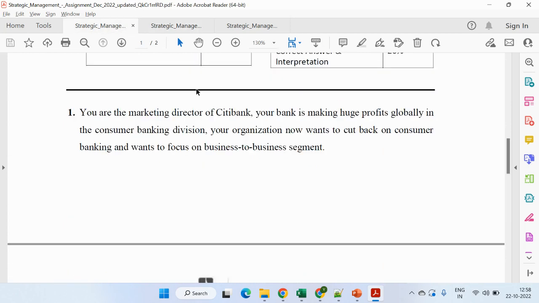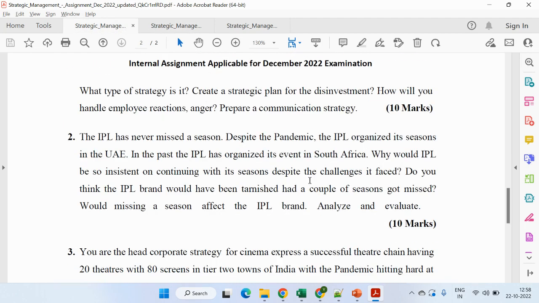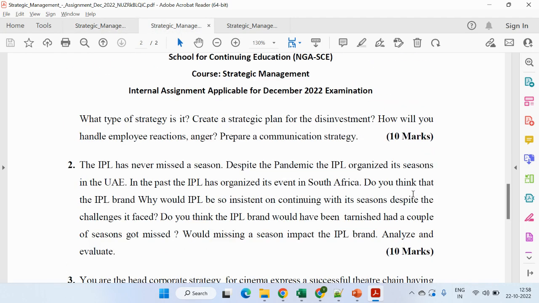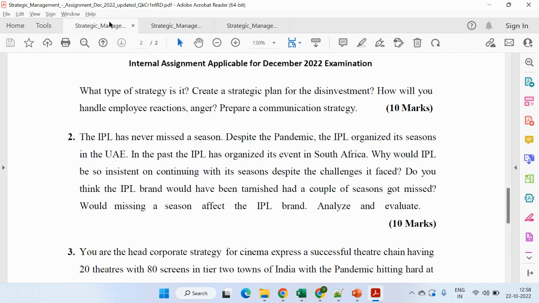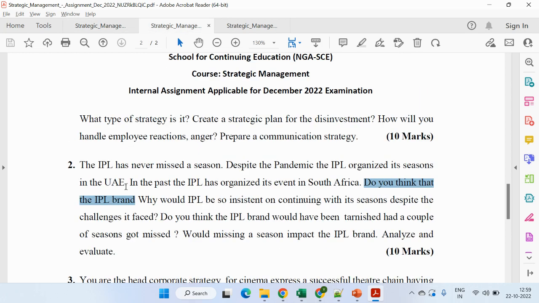The only thing differing in the second question is one particular line, which is "Do you think that IPL brand..." If you compare with the new one, in the old one they have added a line like "In the past IPL has organized the event in this. Why would IPL be so insistent, so continuous with this?"